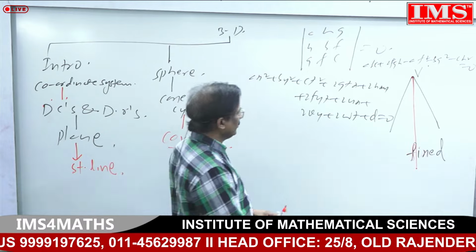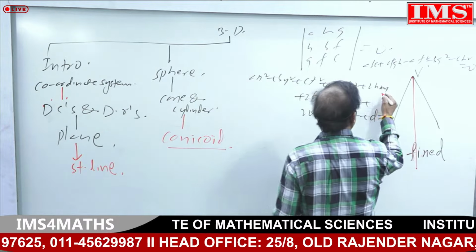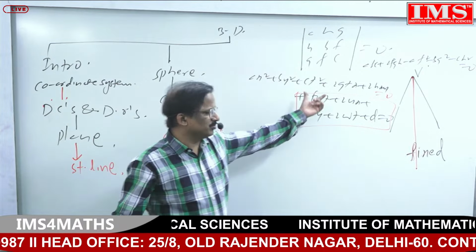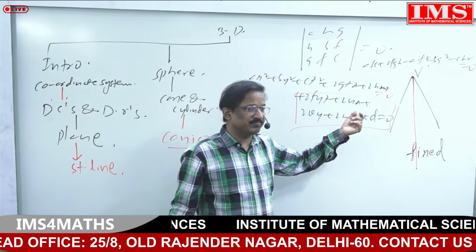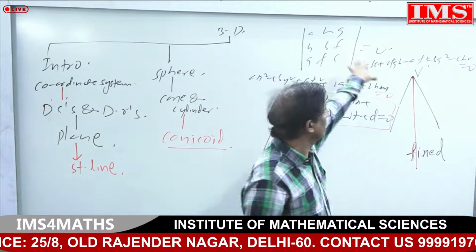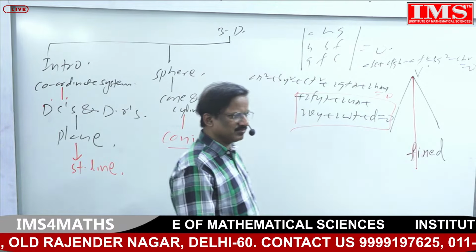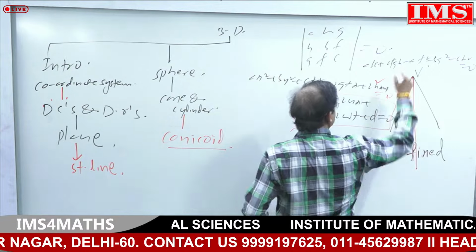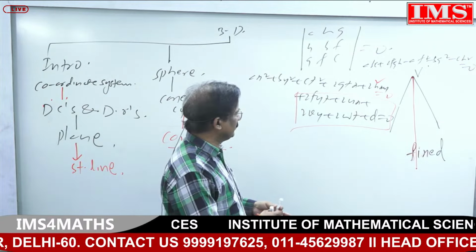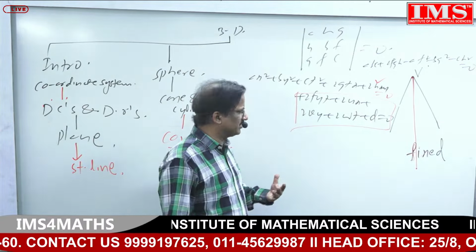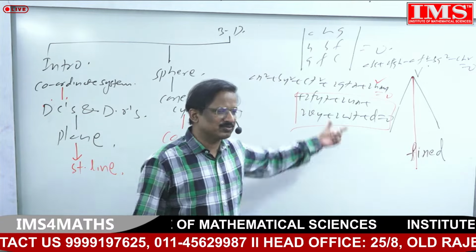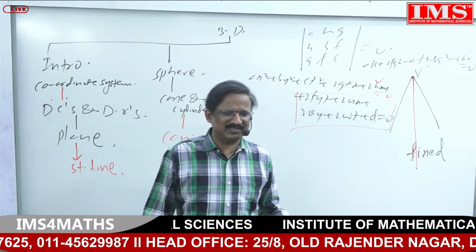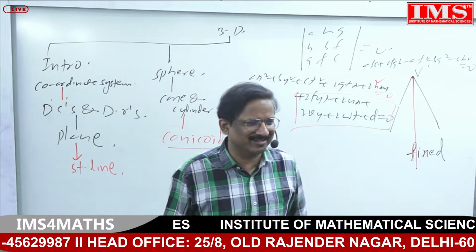If I write only up to this, the homogeneous part, this also represents a pair of planes passing through the origin when this determinant is equal to 0. When I have only this equation, ax square, by square, cz square, 2gzx, 2hxy, equal to 0, that is known as a homogeneous equation. Every homogeneous equation represents a cone with vertex at the origin.